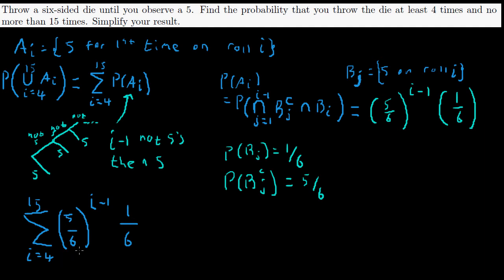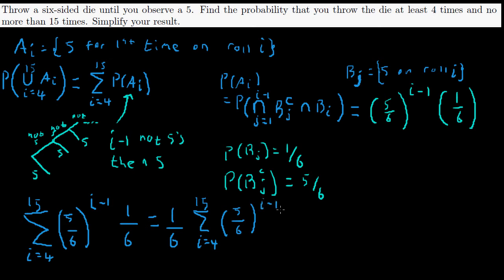Everything has at least three 5/6 in it, and it has one 1/6. So first I'm going to take the 1/6 out. So that's 1/6 times the sum from i equals 4 to 15 of 5/6 to the i minus 1.